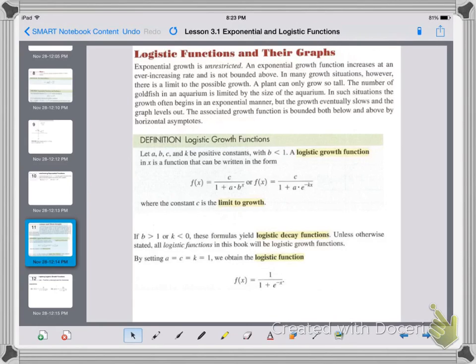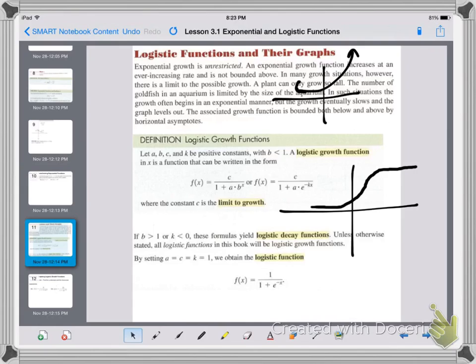So exponential functions, no restrictions on the growth. Logistic functions, however, we are going to have restrictions on the growth. So it's going to initially start behaving like it's exponential, but then it's going to flatten out.